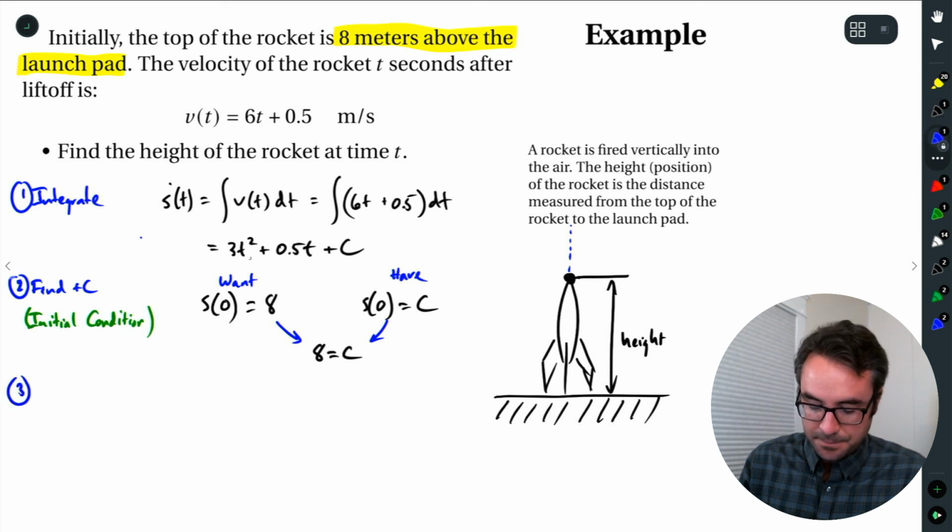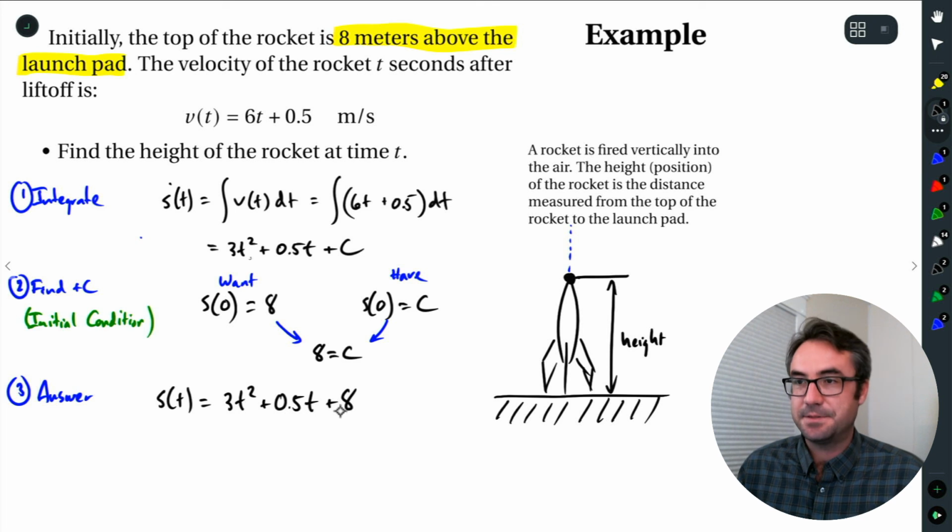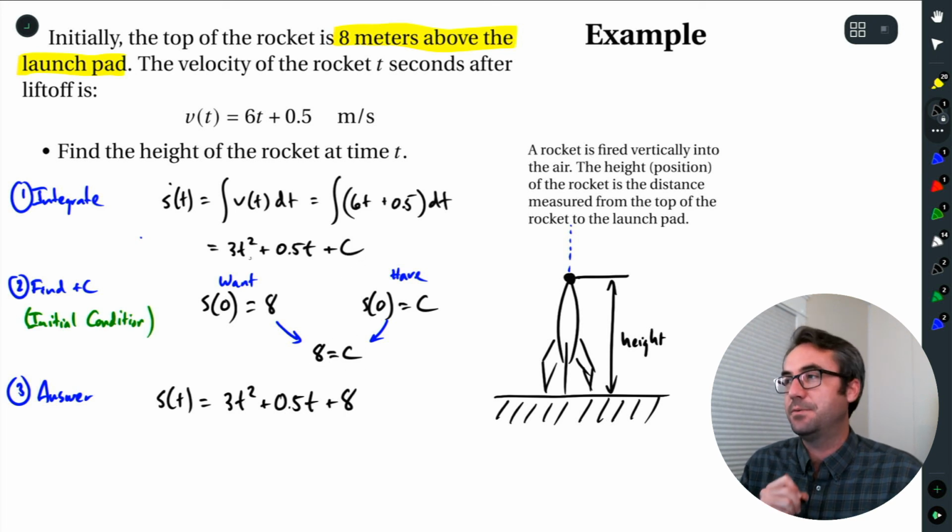So now we answer. S of t is 3t squared plus 0.5t plus 8. And instead of writing c, we've filled in what that c value is.